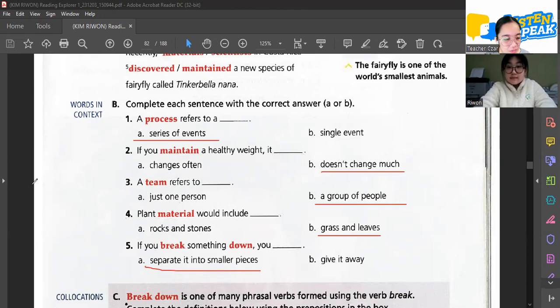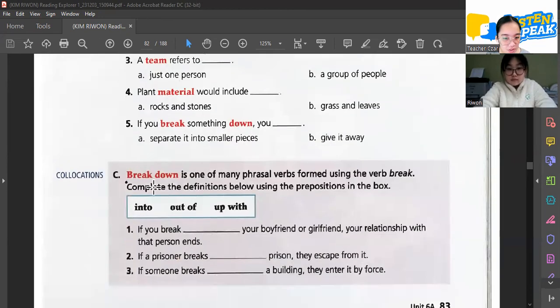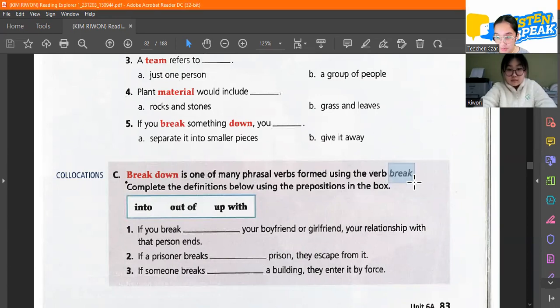So now we will be moving on to the collocations, where we will be having the word breakdown. So breakdown is one of many phrasal verbs formed using the verb break. Break is a verb. So complete the definition below using the preposition in the box.